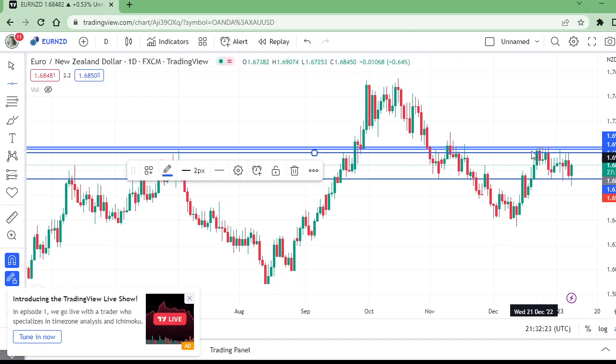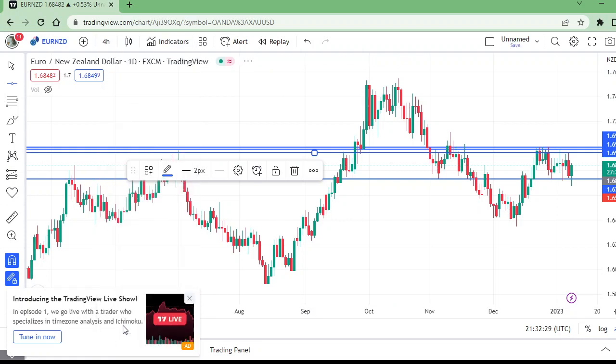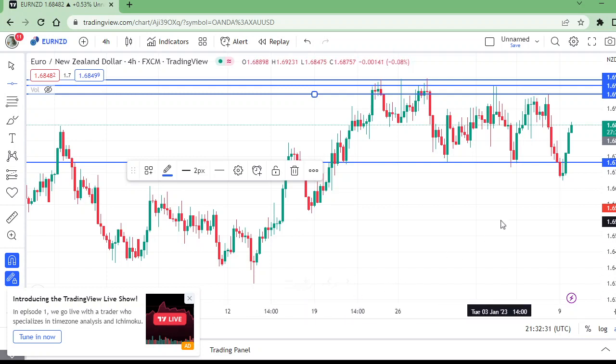Now let us break this down in the 4-hour time frame to see the level. Now these are the levels in the 4-hour time frame. We are watching this level. Okay, where do we expect it to go? Maybe somewhere here.